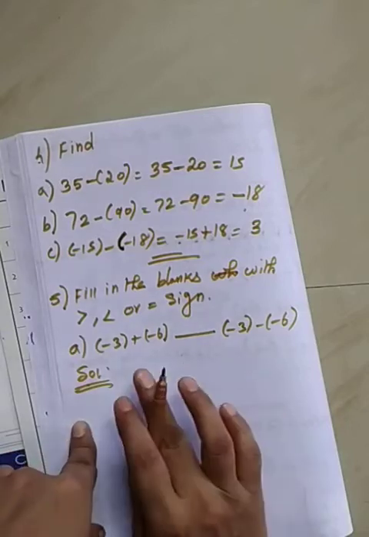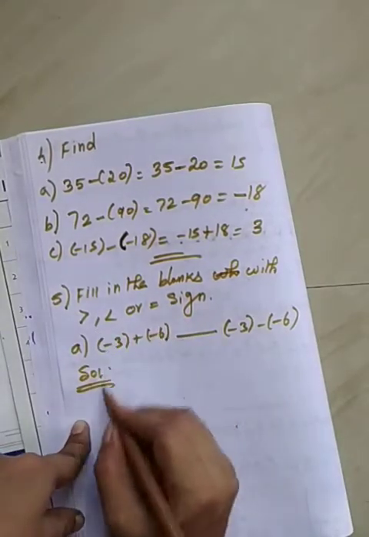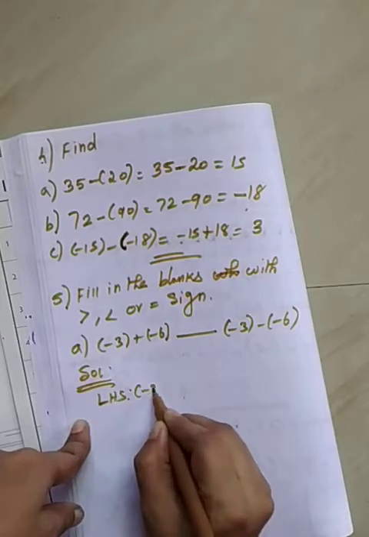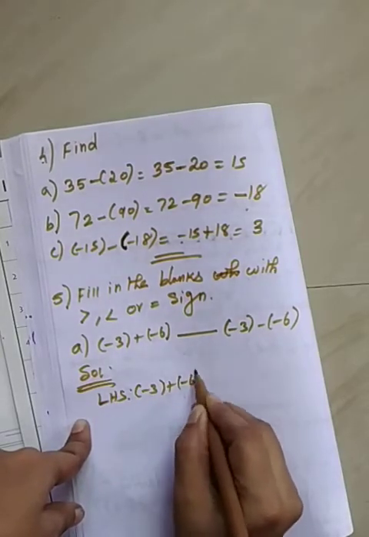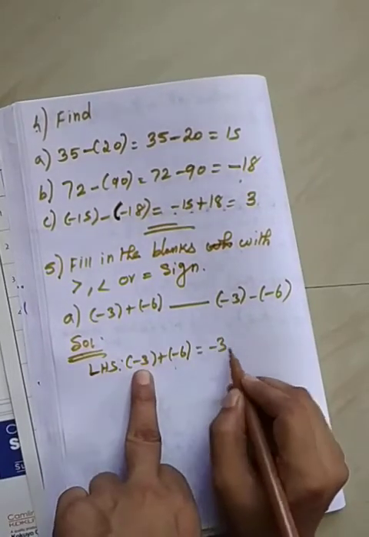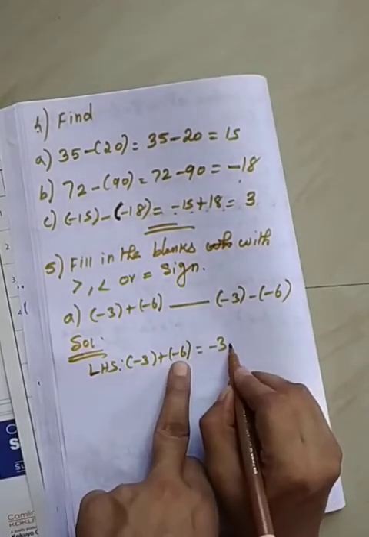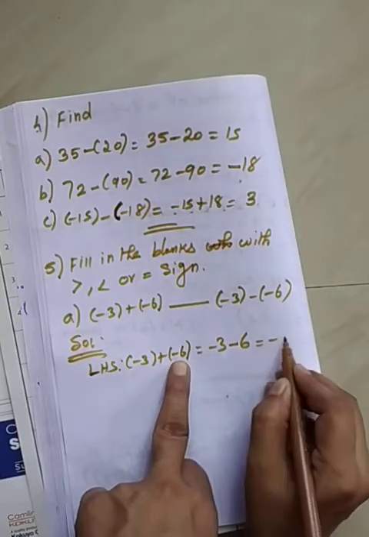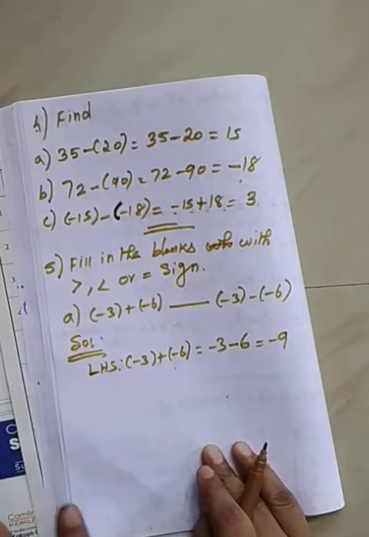See, first you have to simplify in this one. Take the left hand side. What is the left hand side? Minus 3 plus minus 6. Okay. See here, minus 3 plus into minus, minus 6. Minus 3 minus 6 means what is that? Minus 9.